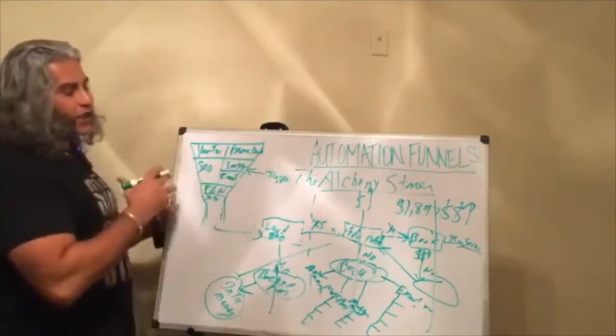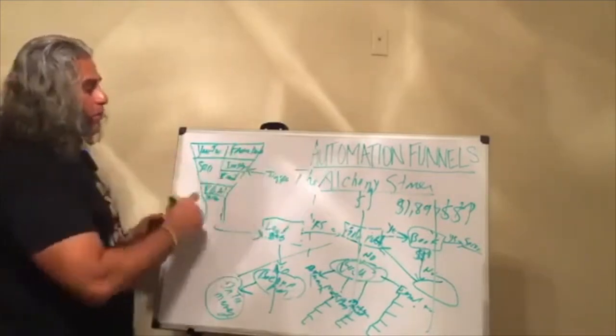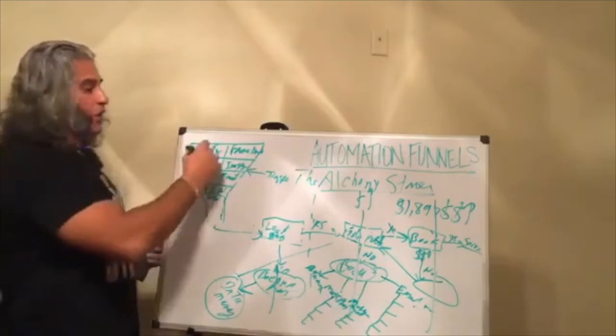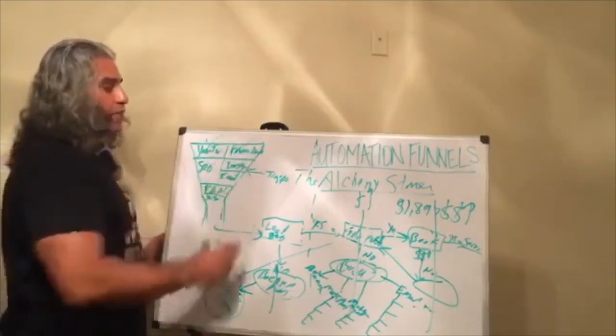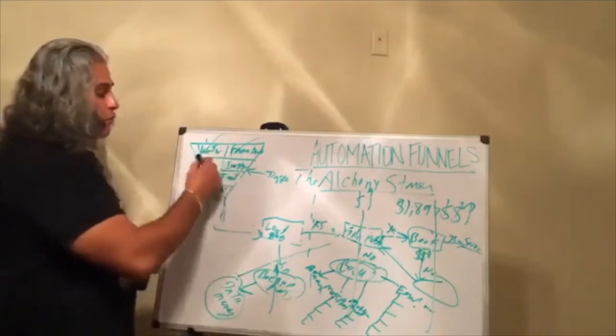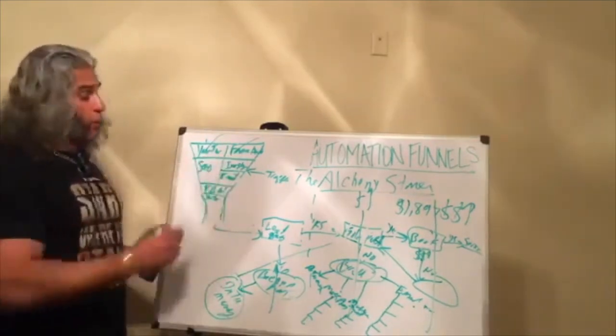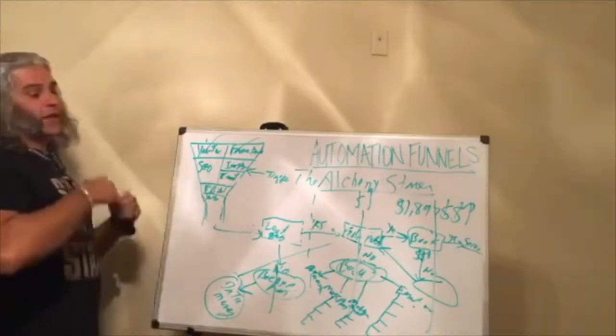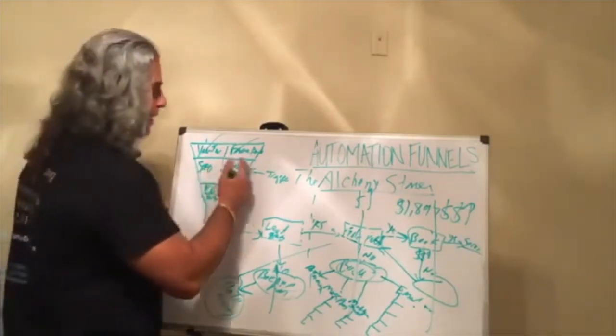So as you can see, automation, Facebook and YouTube work for free for me. This is search oriented, and people are on Facebook all the time. The search engine works in automation for me. People go in there and type in real estate this or real estate that, and then they find me.